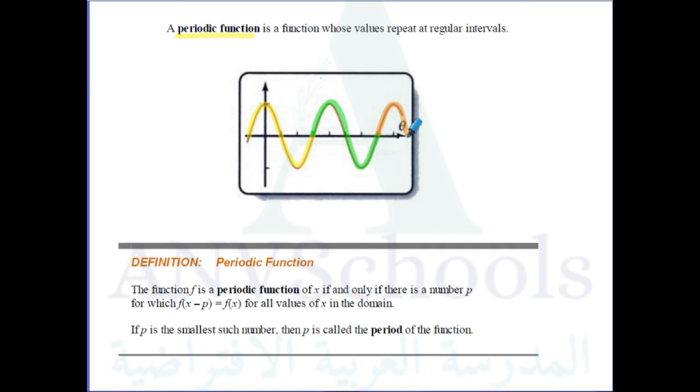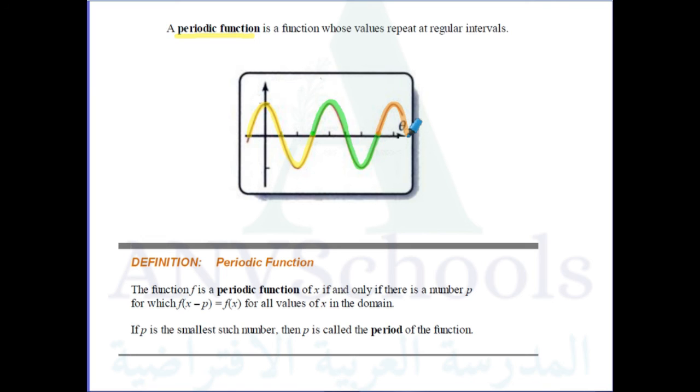So the definition of a periodic function: the function f is a periodic function of x, so it oscillates through x, if and only if there is a number p for which f of x minus p is equal to f of x for all values of x in the domain.